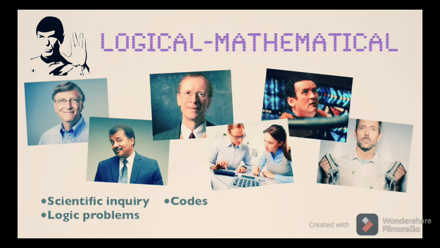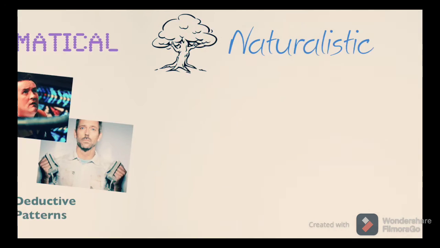Often I have my students who are learning the ABCs and numbers at an elementary level make those kind of spinner codes where A is 1 and B is 2 and C is 3, and you can adjust the code to have different numbers represent different letters. They like that. Programming in the second language. Deductive explanations of linguistic features. And patterns. Patterns within language, even rhymes, could be appealing to logical mathematical learners.